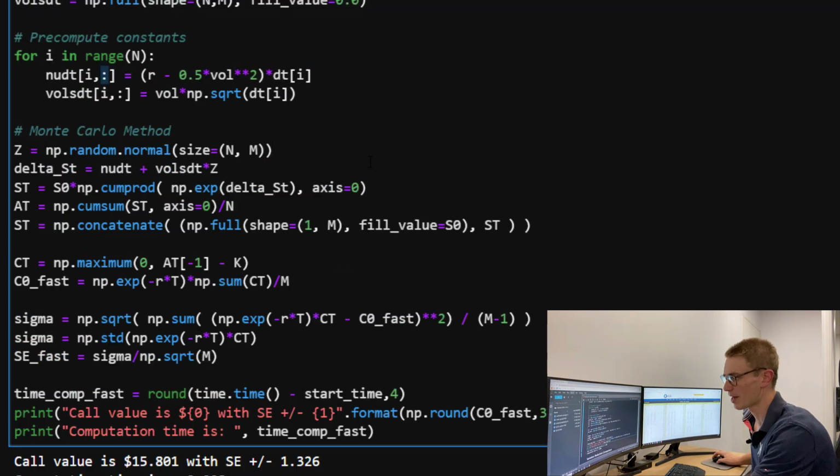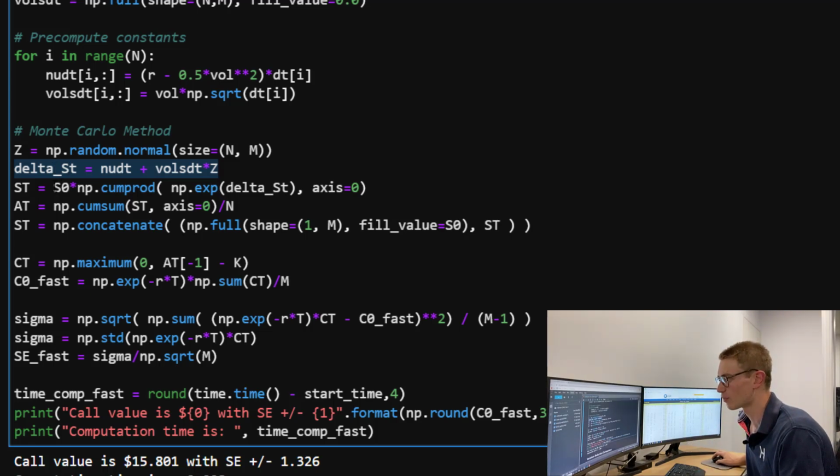Then for the Monte Carlo method, we've got this random normal of size the number of time steps by the number of simulations. So here we've got an array of our deterministic plus our diffusion multiplied by this Wiener process for each respective time period at each simulation. So this is our changes in the stock price over time.